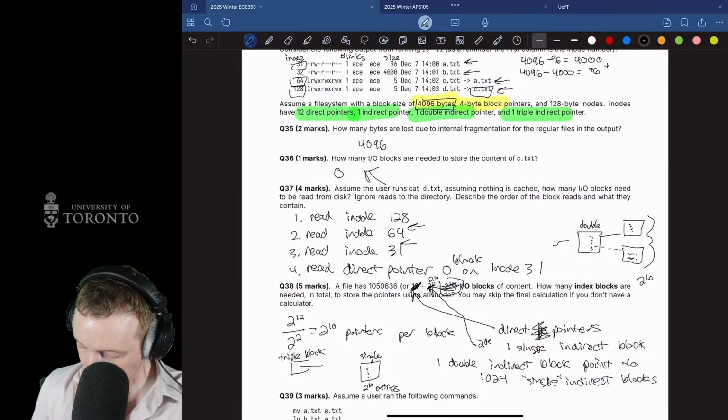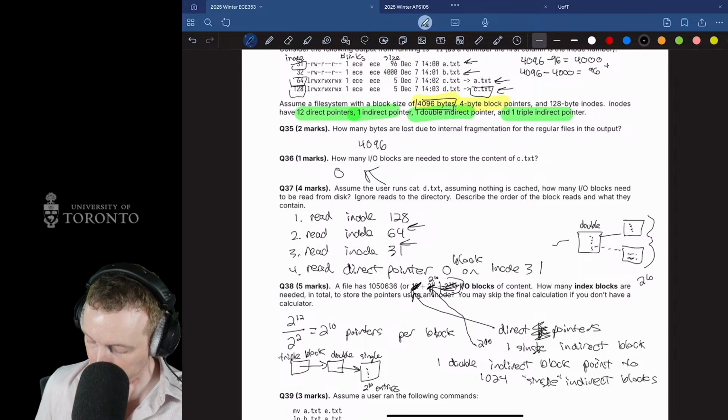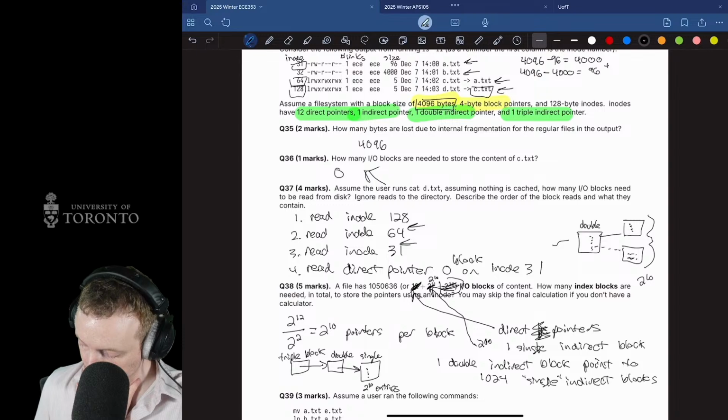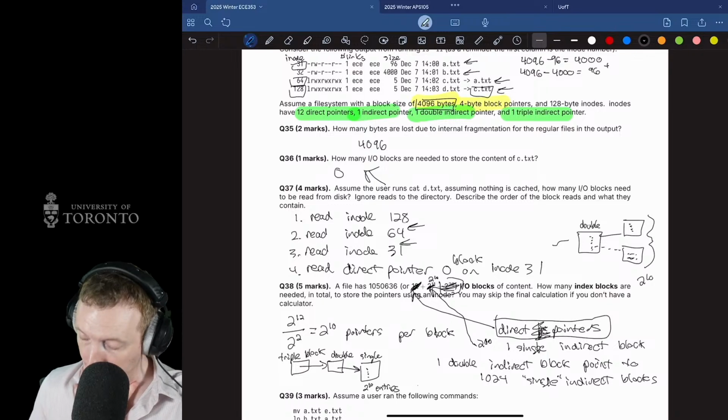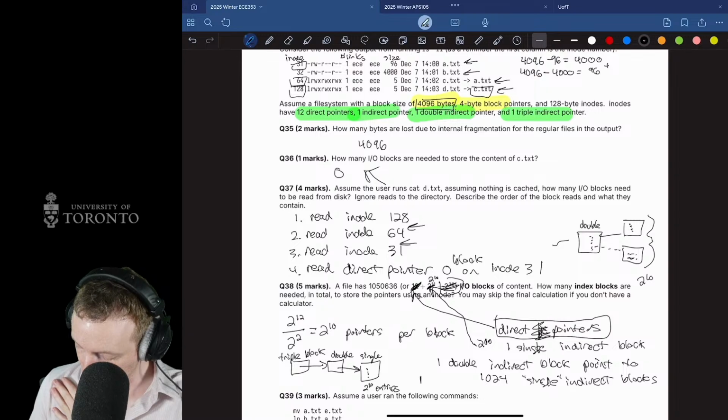So I would need at least one entry here in my triple block to point to at least one double block here. And then that can point to my single full one. So in total, the direct pointers don't count. I need one block for my one level, if you want to think of it that way. So here's one from my single level.